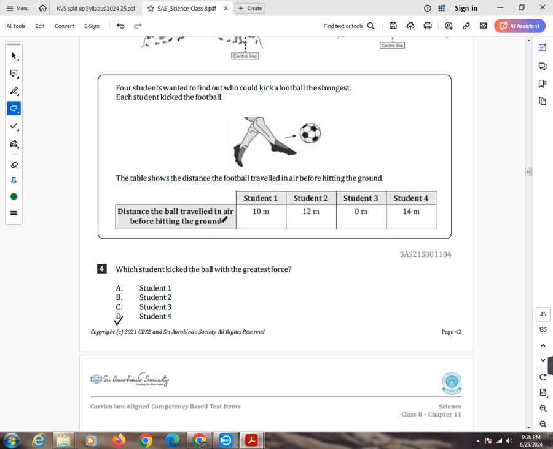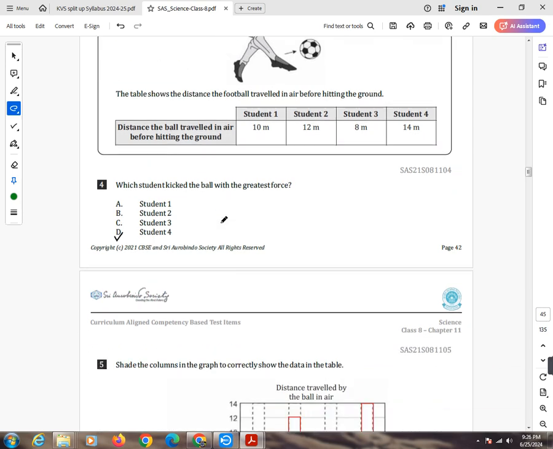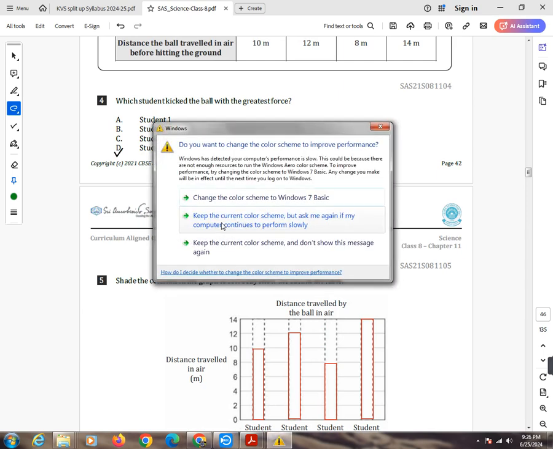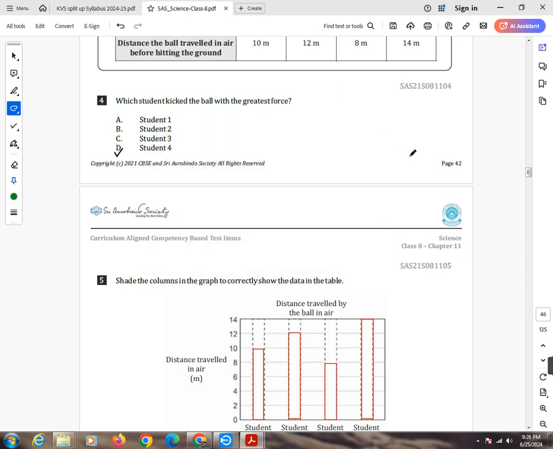So we can conclude from this that student 4 applied the greatest force. So for question number 4, option number D will be correct. And now we have to prepare one graph, shade the column in the graph to correctly show the data in the table.